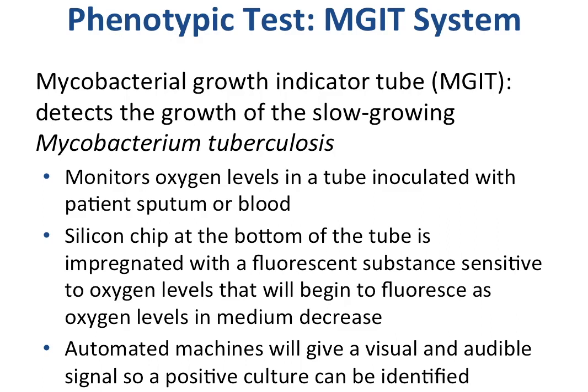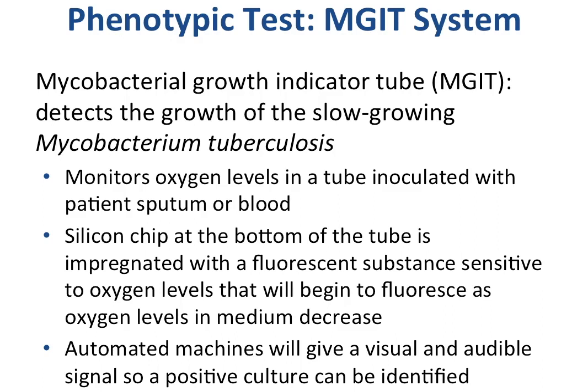The medium contains a fluorescent indicator. This indicator is very sensitive to the oxygen level. Since the tuberculosis bacteria is aerobic bacteria, it consumes a lot of oxygen. It will dramatically induce an oxygen level decrease in the tube.